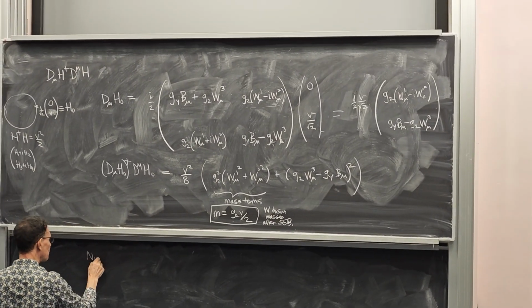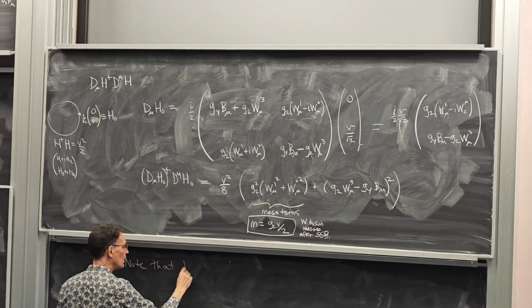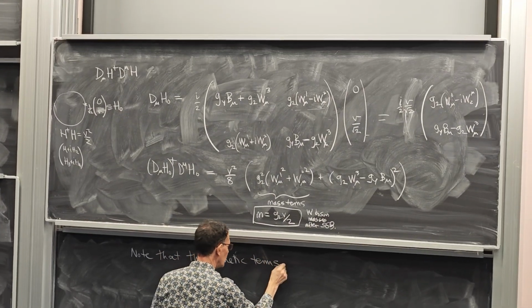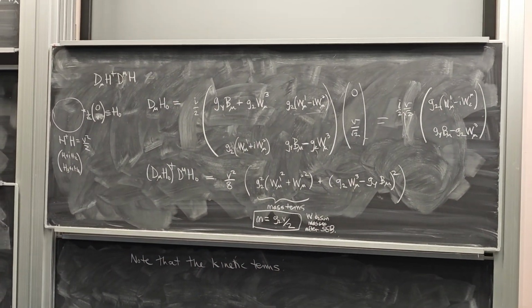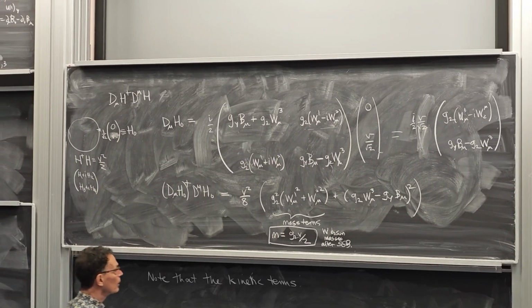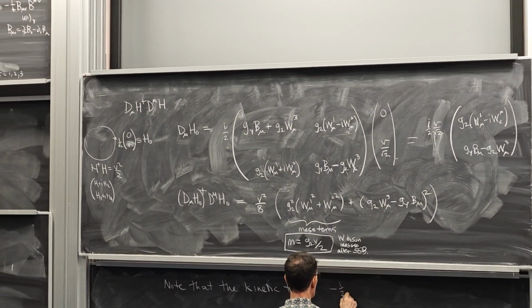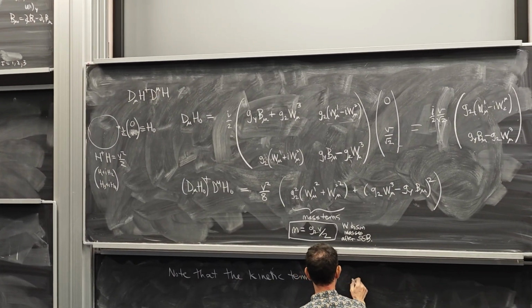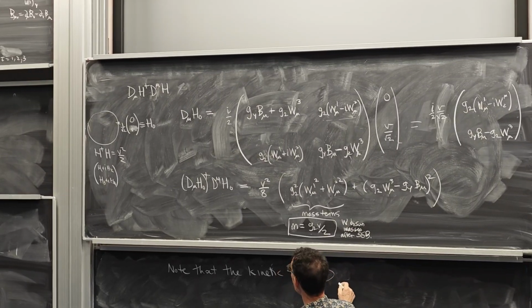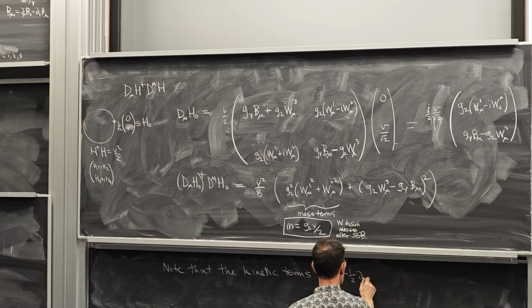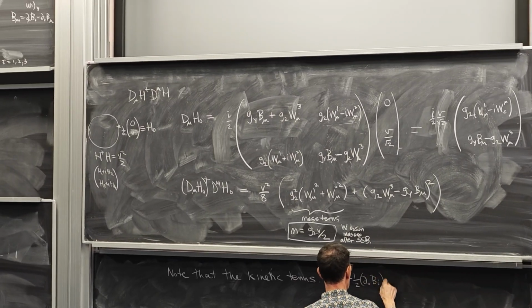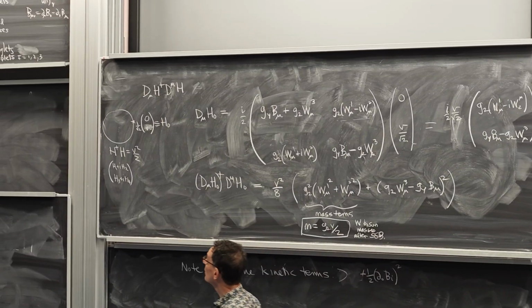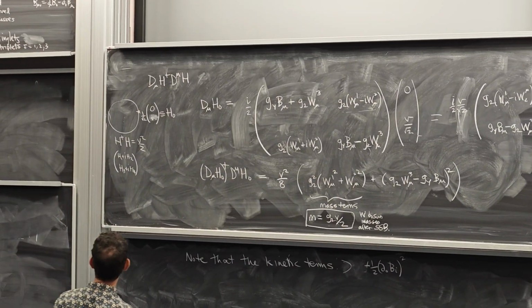So how do you deal with this? So notice that the kinetic terms for the gauge bosons, which we wrote down up there, are minus 1/2. Right, so they include terms plus 1/2 d0 B_i squared for the U1 gauge bosons.